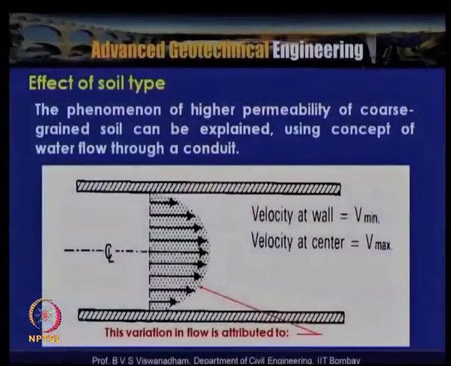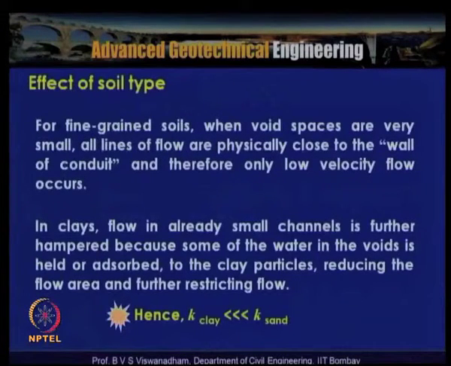So the phenomenon of higher permeability of coarse grained soil can be explained using the concept of water flow through a conduit. Because of this, coarse grained soil will have higher permeability. But when it comes to fine grained soil, when the water is flowing through the adsorbed water layer, there is a decrease in the velocity distribution. Moreover, it depends on the type of mineral which is present.